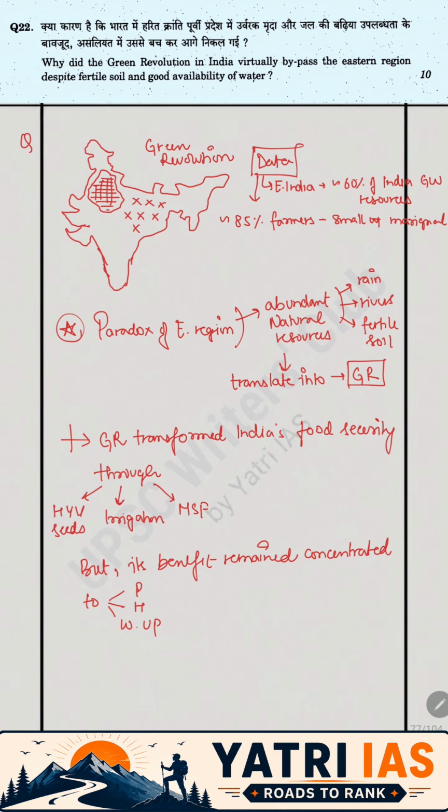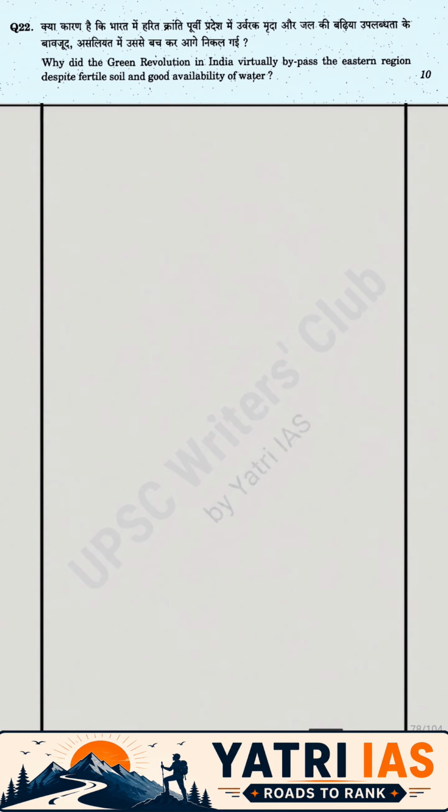And to validate the assertion of the question, you could also cite that 75 to 80% of the success of the Green Revolution came from this region, the northwestern India. After mentioning these pointers in your introduction, we will move straight to the reasons. Reasons why the Eastern region lagged behind in the Green Revolution.